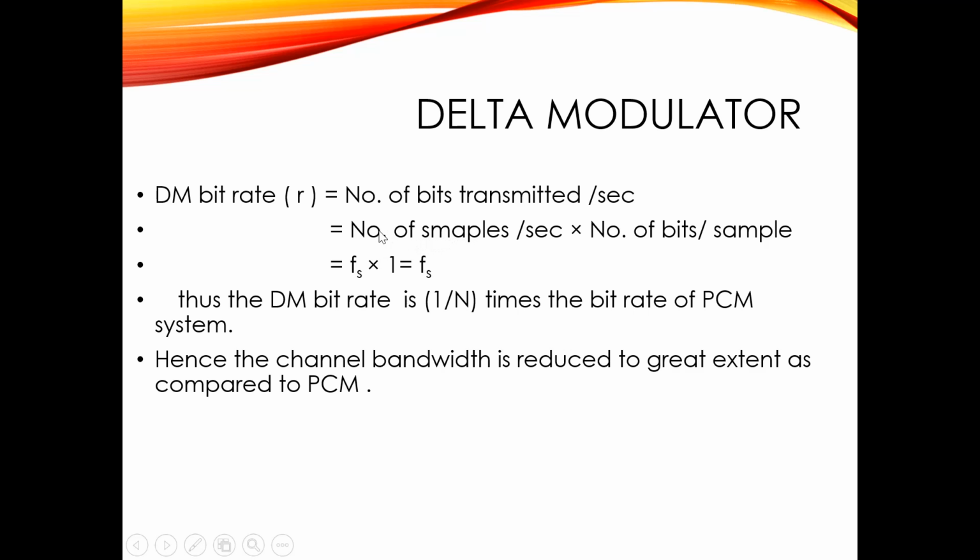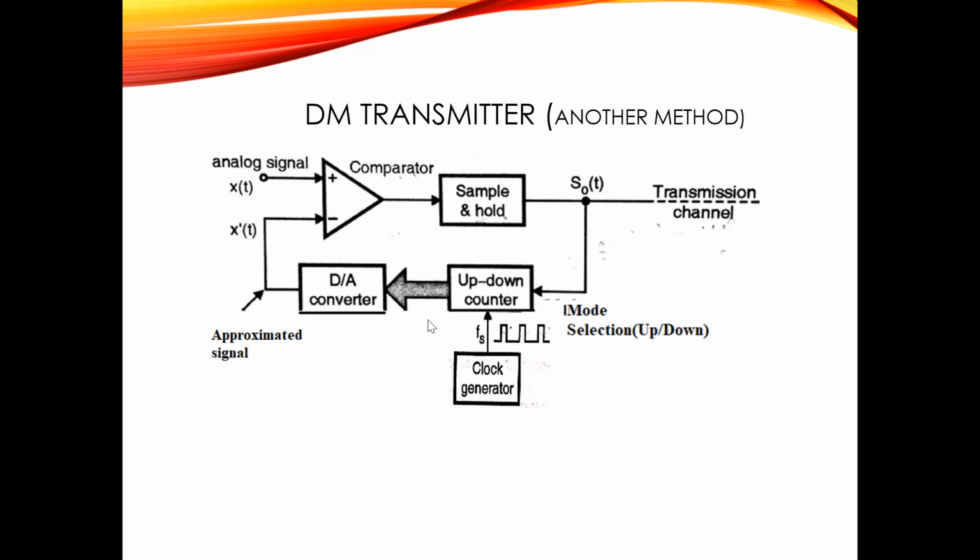So the number of samples per second, that is fs, into number of bits per sample, which is 1. So the signaling rate or bit rate of delta modulator system is basically fs. Thus the delta modulator bit rate is 1 by n times the bit rate of PCM. Hence the channel bandwidth is also reduced to a great extent as compared to PCM.